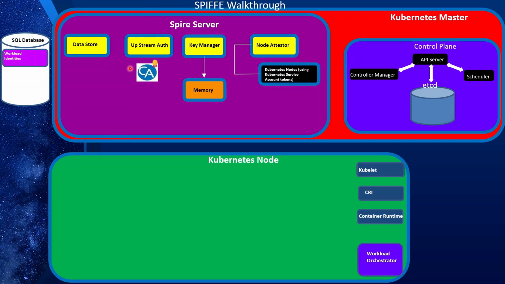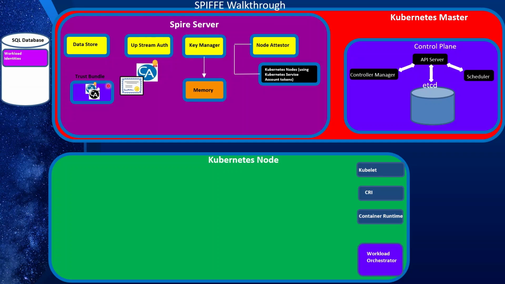If you recall, SPIRE Server comes bundled with its own CA, or certificate authority, for signing certificates for identities. Let's say in our case, we will be relying on the built-in CA, so this will be our signing CA. And then next, it will create a trust bundle.